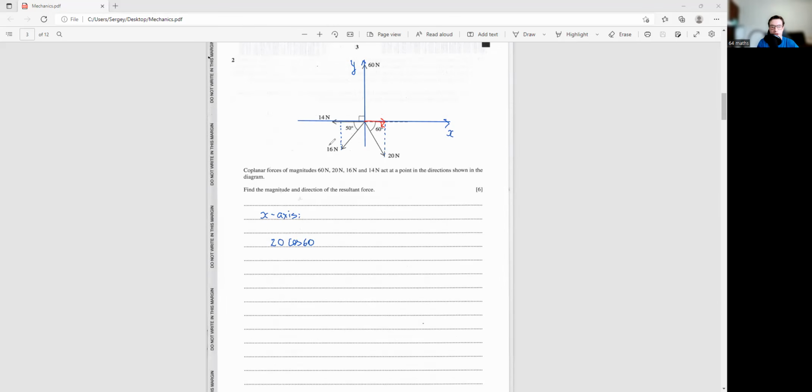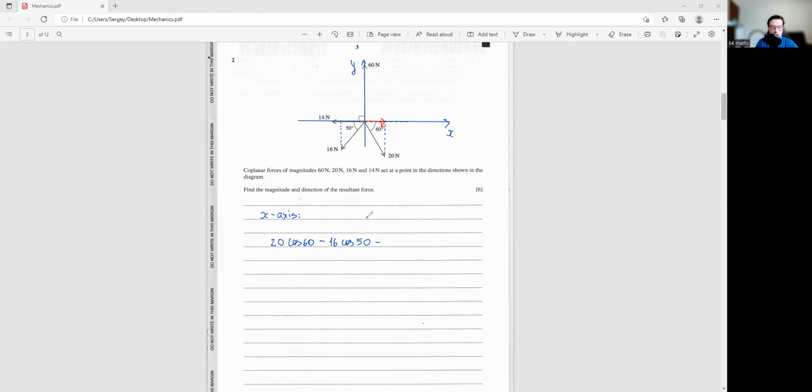Let's have a look at this force, 16 newtons. It's acting in the opposite direction of the x-axis, so take it with the minus sign. And again, cosine 50. And we also have the force of 40 newtons, which is acting totally on the x-axis in the opposite direction.